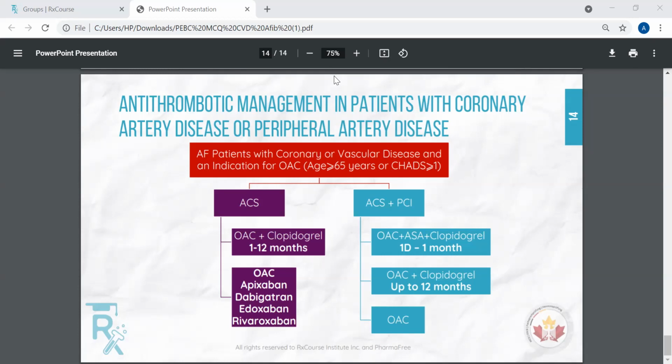So people, Ahmed, hopefully not, just an example, is an atrial fibrillation patient and he has coronary artery disease with recent PCI, but he has CHADS score of 0, no congestive heart failure, no hypertension, no diabetes, nothing. And his age, of course, is less than 65. Ahmed is 40 years old, let's say.